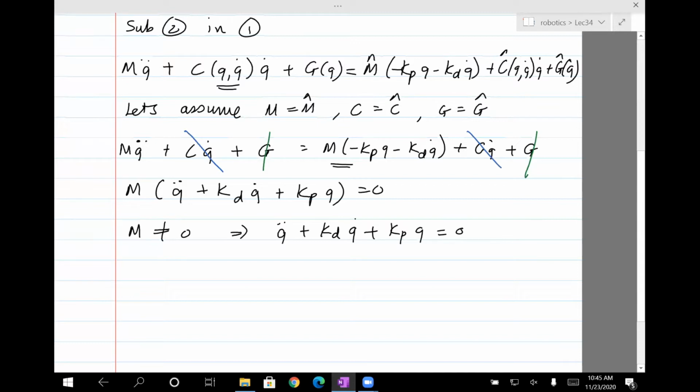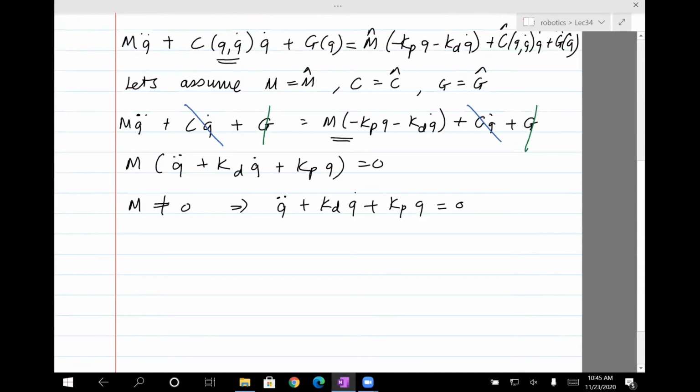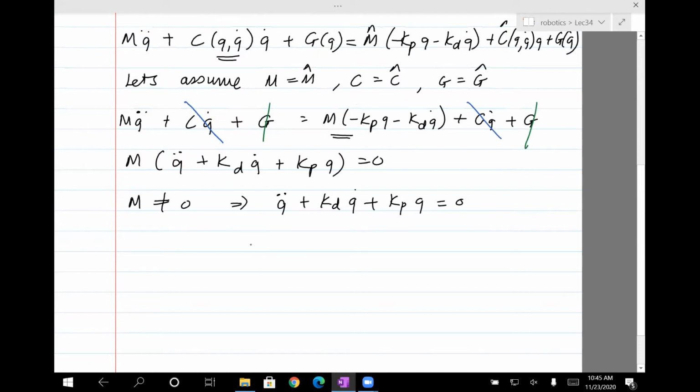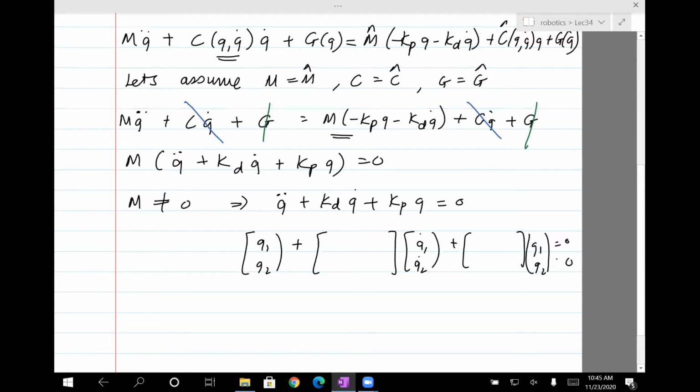Okay, and now you can see that it is in a nice form, which is basically something like this: Q1, Q2 plus something times Q1, Q2 plus something else times Q1, Q2. I intentionally did not write those terms.